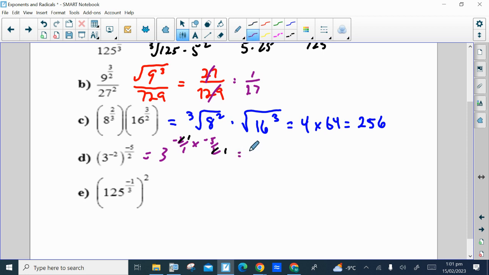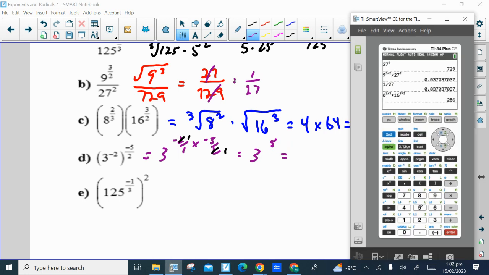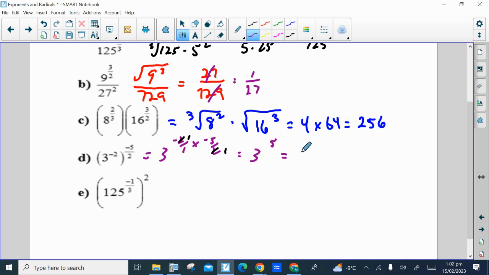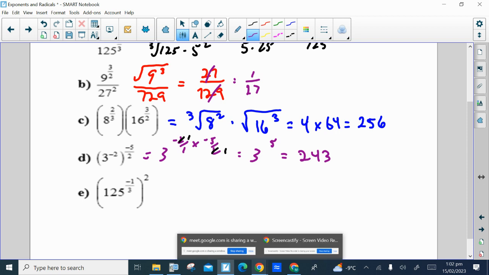And so we are left with 3 to the power negative 1 times negative 5 is positive 5 over 1 times 1. If you multiplied first, it would be positive 10 over 2, which still gives you 5. And 3 to the 5th is 243. So there's the answer. And again, you can do this on your calculator to check.